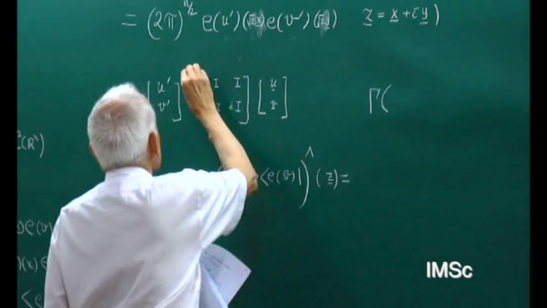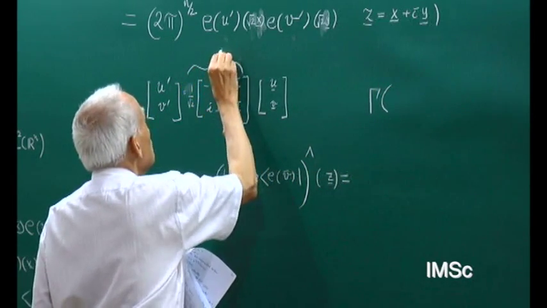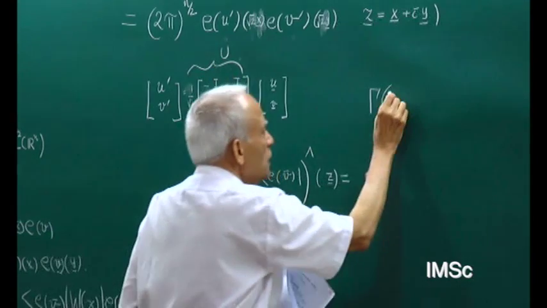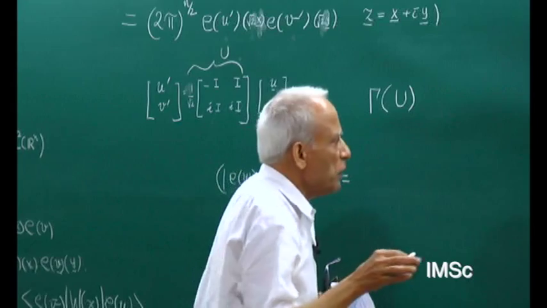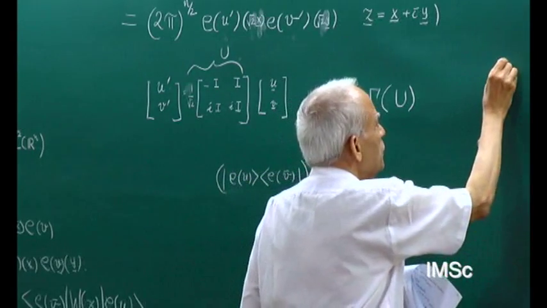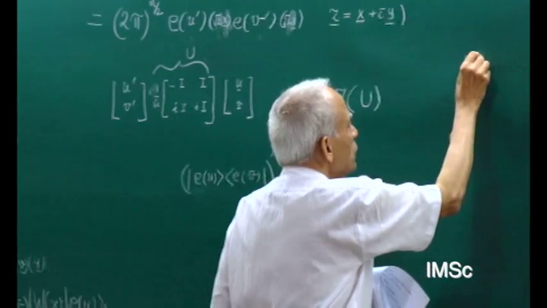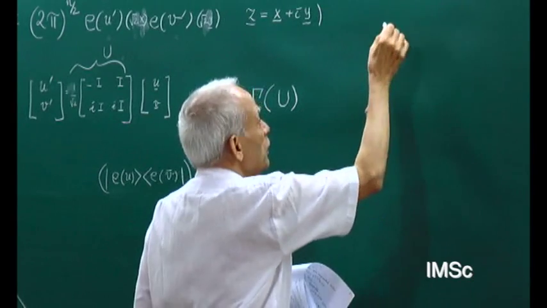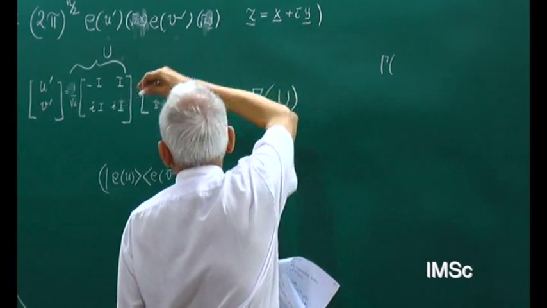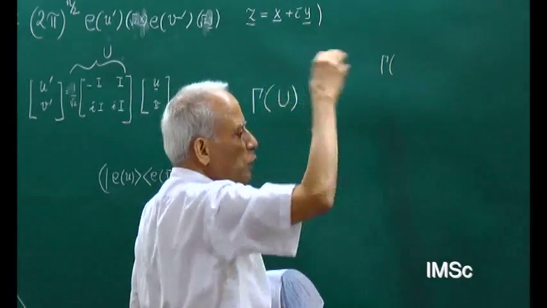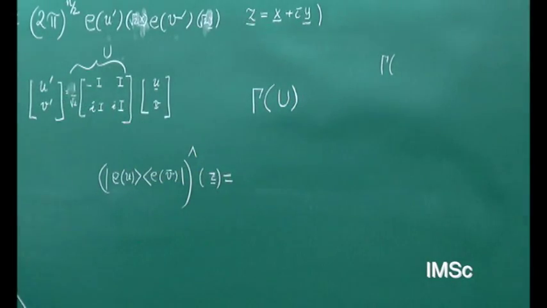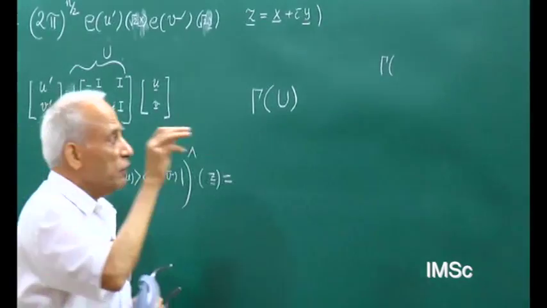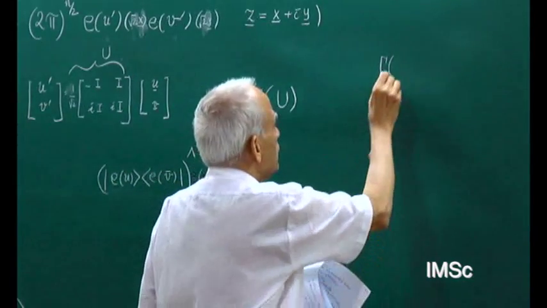Let me call this unitary as u. Second quantization of u. What is meant? What do you mean by second quantization? Simply gamma of any L. It need not be L2 Rn. It can be L2 R2n, as it happens here because of the tensor product. Every one of them are exponential vectors.